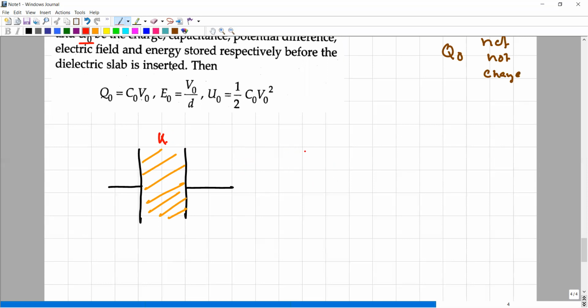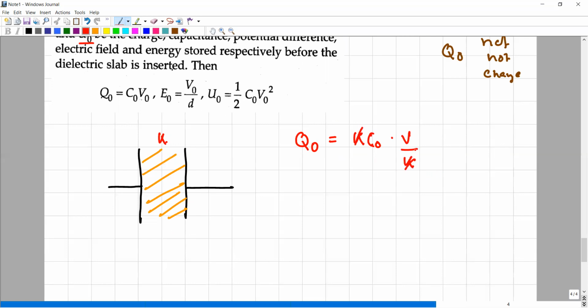Now, just now we discussed that the charge remains the same. That means the Q naught charge still remains the same. Previously the Q naught value was C naught V naught. But now, because you have inserted a dielectric, the capacitance value will become K times C naught. Now, as this is the same, your potential must decrease by K times.